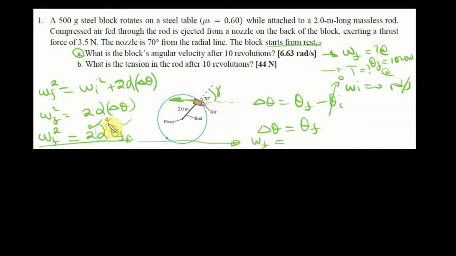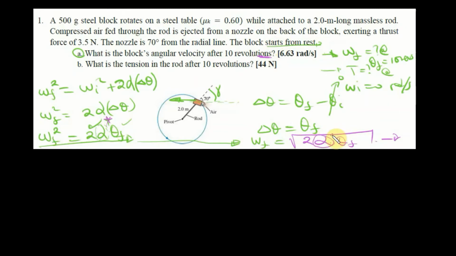So we need to find alpha in order to solve for omega final. 2 alpha theta final, that's the final expression that should give us our answer for A.